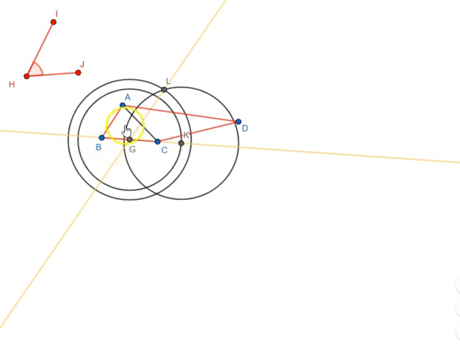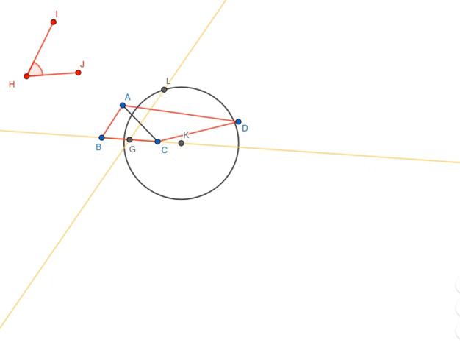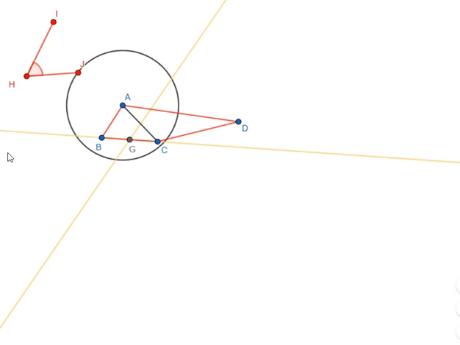Now what we'll do is draw a line parallel to BC at A. So let's first hide these circles. So let's draw a parallel. We basically copy this angle to A, so that alternate angles become equal and the line that we draw would be a parallel.